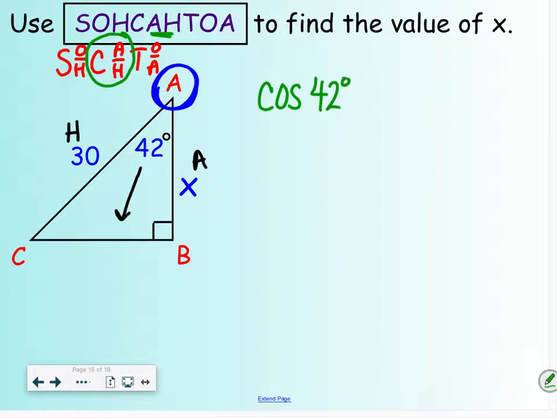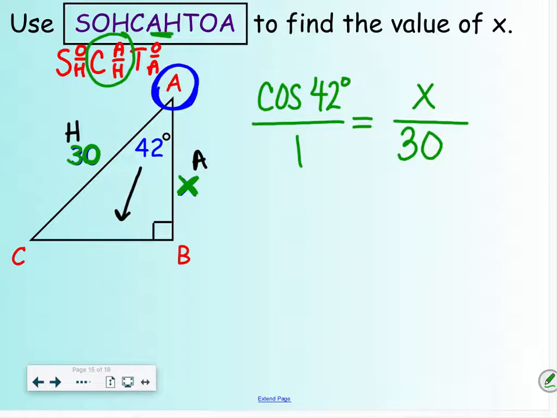So cosine 42 degrees over 1 equals the adjacent side, which is x, over the hypotenuse, which is 30. So again, how I determine the ratio that we're using is based on what side this x is and what side this 30 over here is.